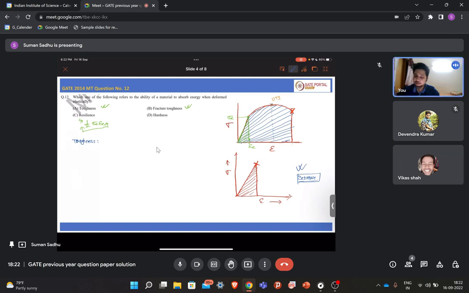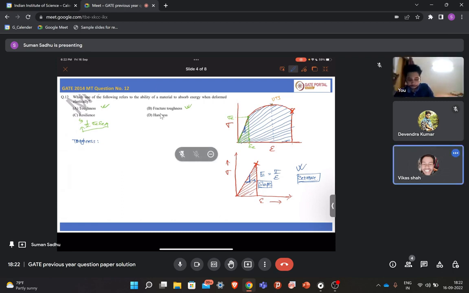No, you are right. Stress by strain. Stress by strain means what? This slope, right? E is sigma by epsilon. So this is basically slope of this line, right? Similarly from here also. So this is elastic modulus.